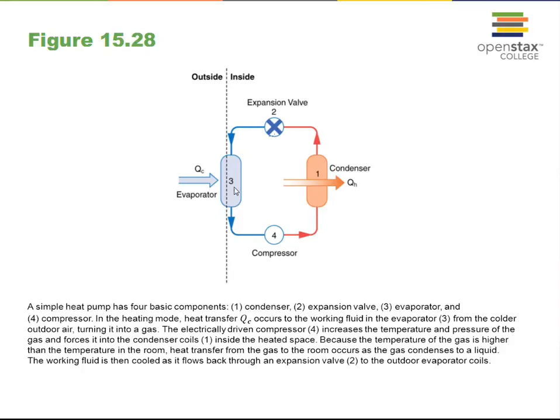It has a temperature now out in the outside that is lower than the air temperature outside, or if it's a heat pump that uses groundwater, then we have a temperature here that's lower than the groundwater temperature. So energy is going to come in to our working fluid because the working fluid is colder than the outside air or the groundwater.